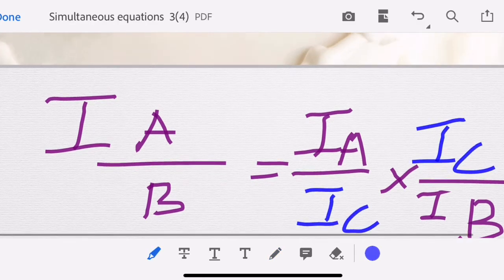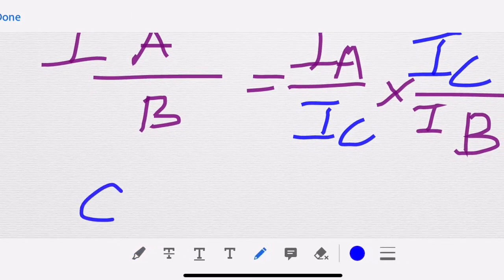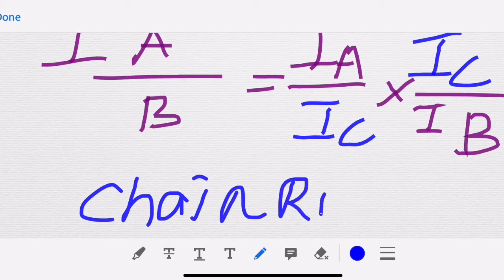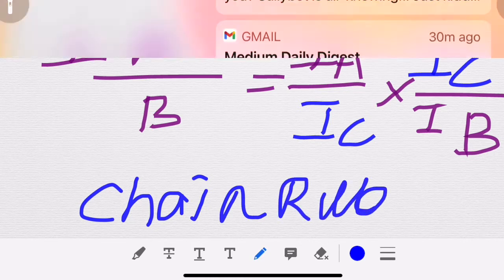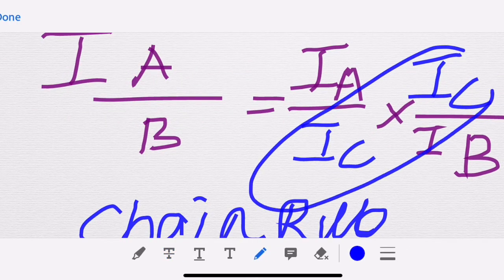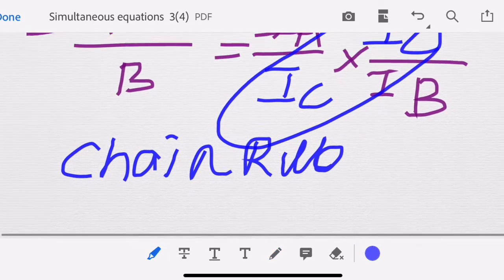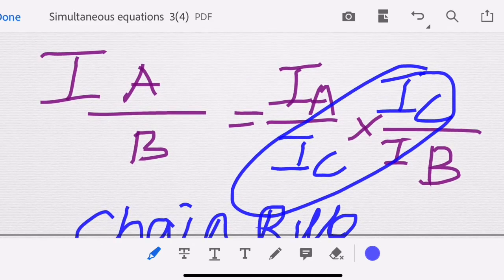I call it chain rule because I chain them up. You know the chain? You can draw the chain like this. You can use the chain rule to find the answer also. As I say, we have 3 methods.